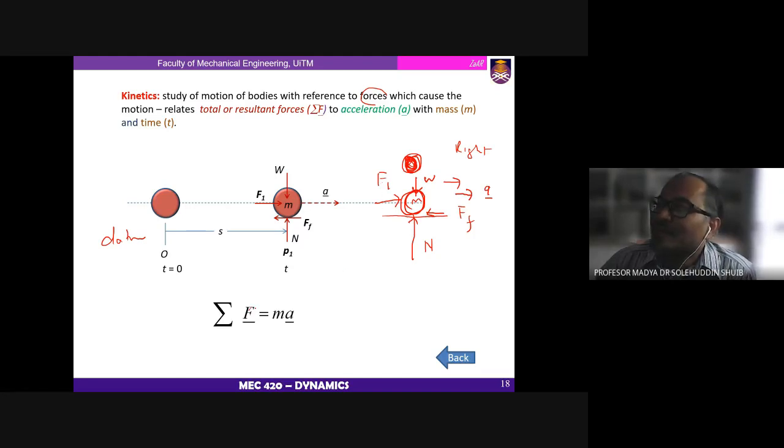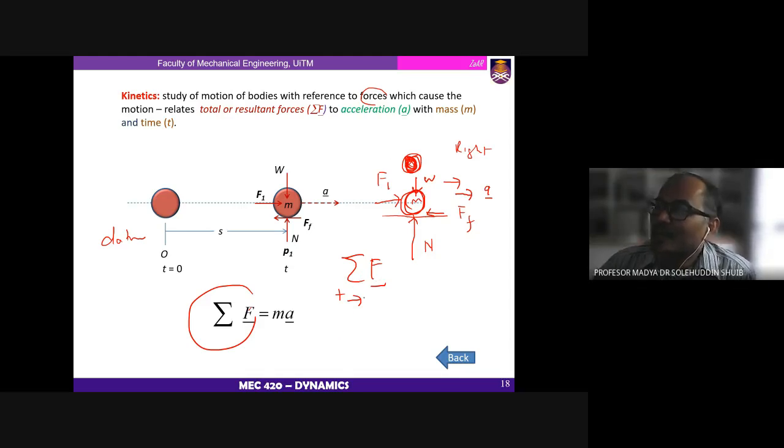All of these forces we put under the summation of force. You decide the datum, where to the right is positive. You also have the summation of force in the x and y direction.